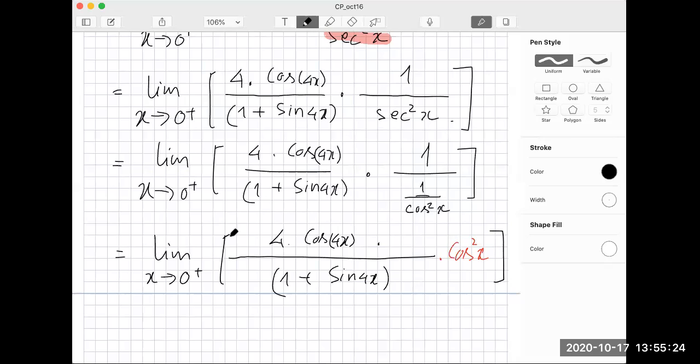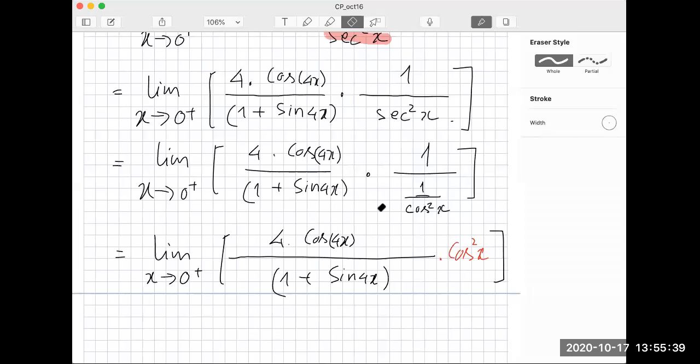What is the limit of this guy? Cosine is continuous all over R, right? 1 plus sine of 4x is also continuous on R, and it is never equal to 0, except at one point, when sine of 4x is equal to -1.